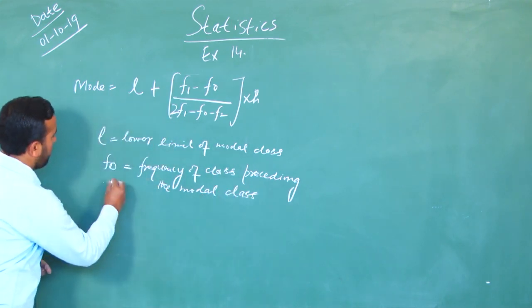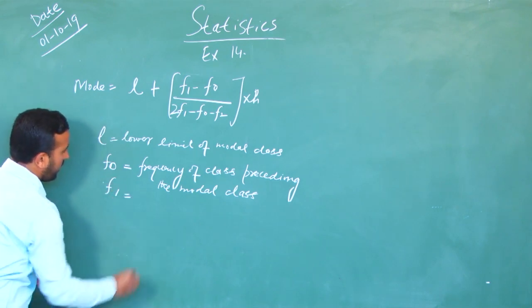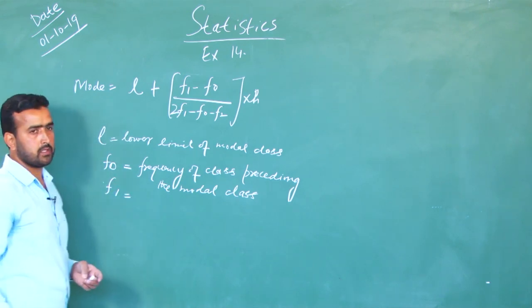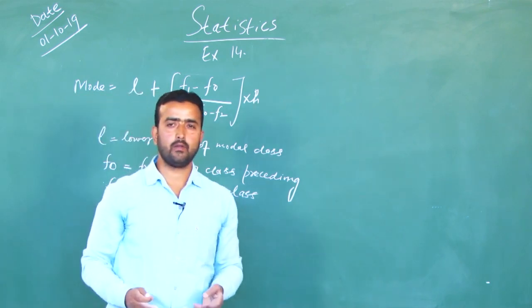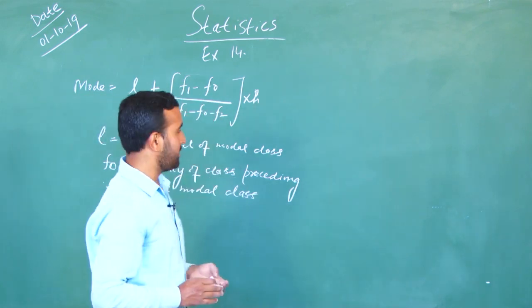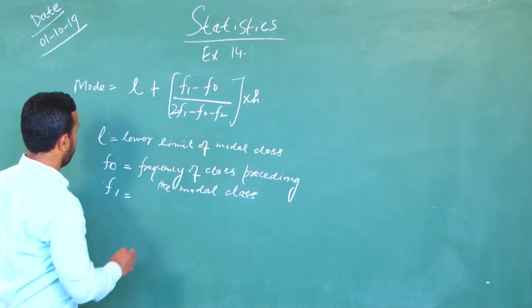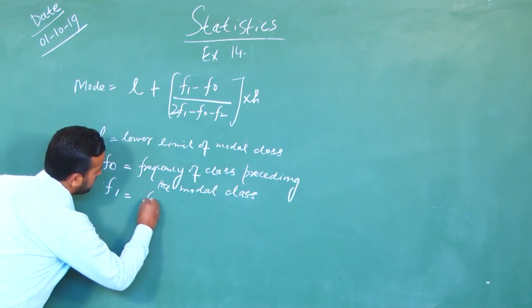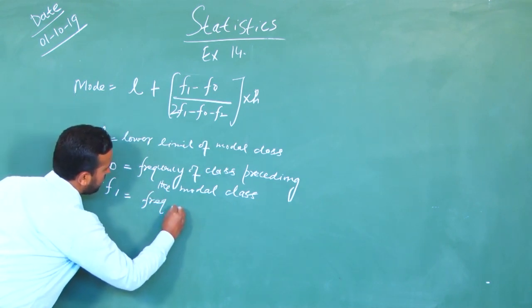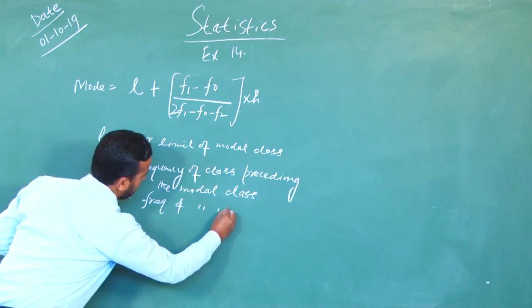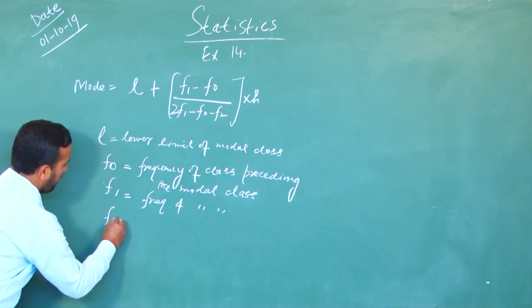Then we have F1. F1 is the frequency of that class which we have decided is the modal class, from the highest frequency. So frequency of the modal class. Then we have F2.